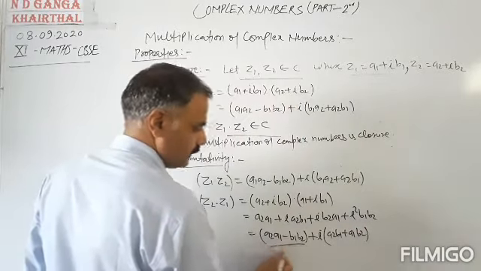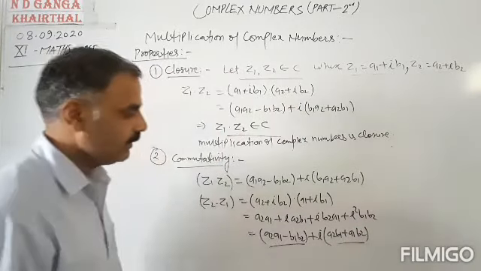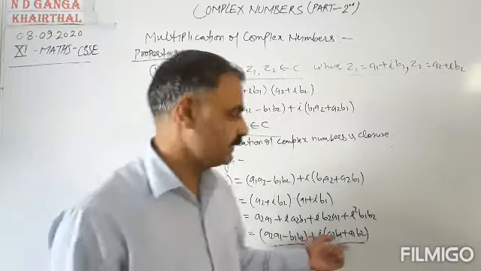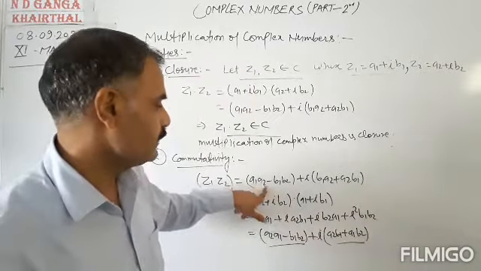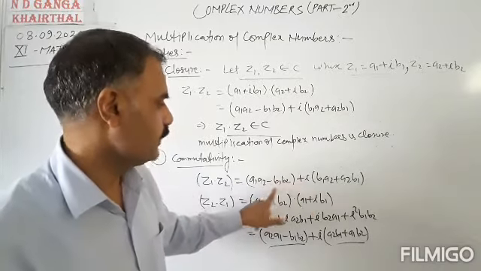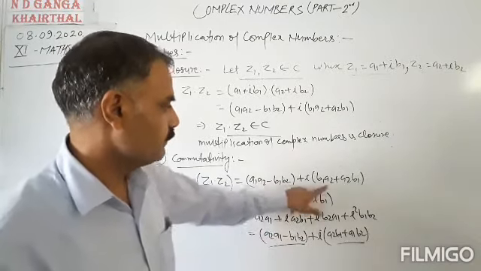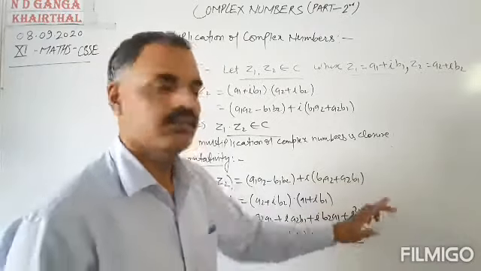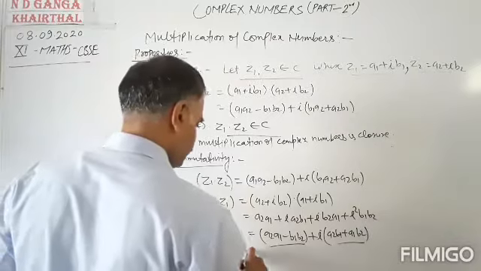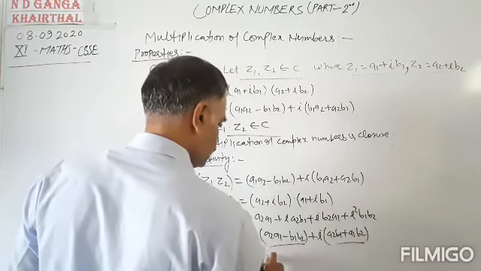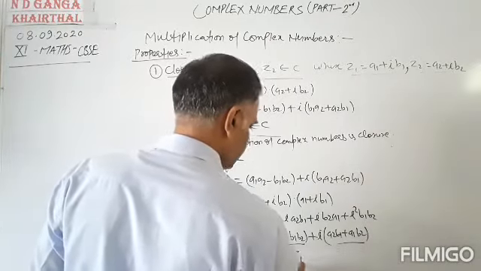Okay, so this is the real part and this is the imaginary part, and this one is the same as Z1 into Z2, A1 A2 minus B1 B2, B1 A2 plus A2 B1. Okay, this implies that Z1 multiplication Z2 is equal to Z2 multiplication Z1.